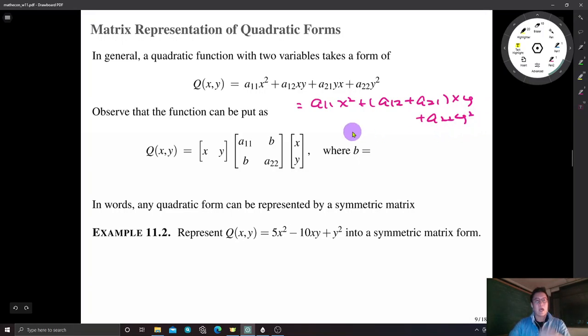Right? And remarkably, this function can be put as the product of three matrices. Now we go back to the matrix class.